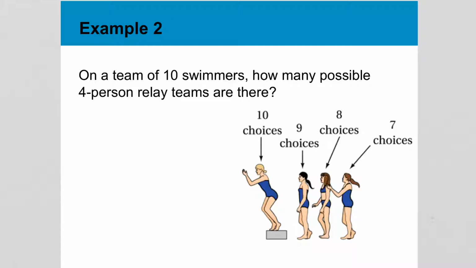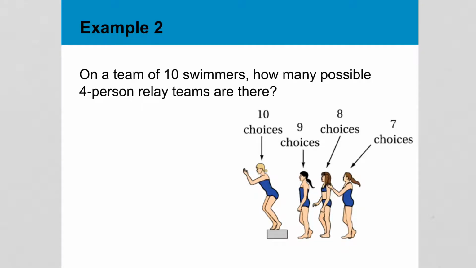So that would be 10 P 4, so 10 factorial over 10 minus 4 factorial.